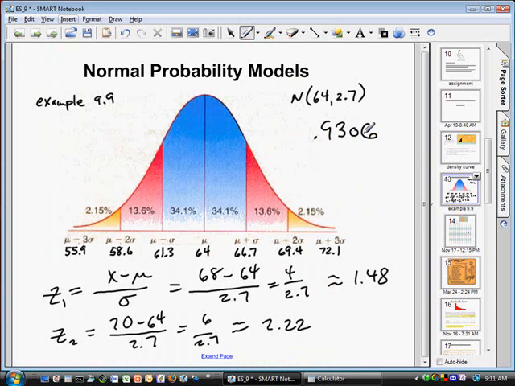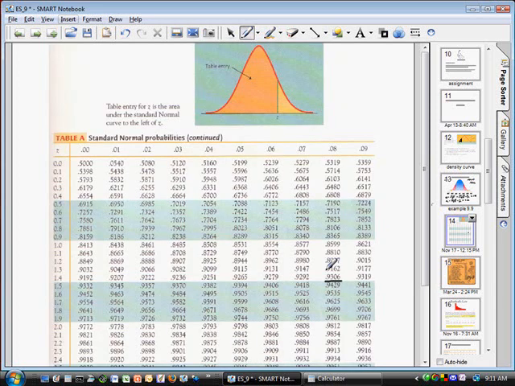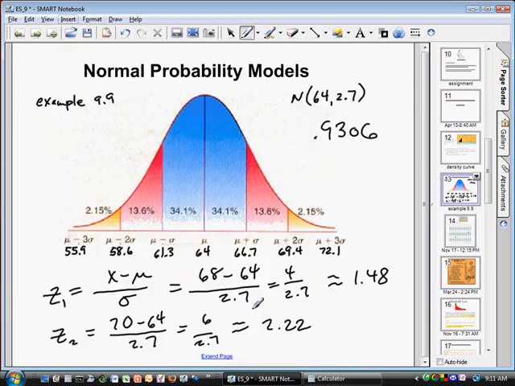Probably should have done that one first, but that's okay. 2.22. 0.9868. Subtract. And it looks like the probability of being between those two is about 5.6%.